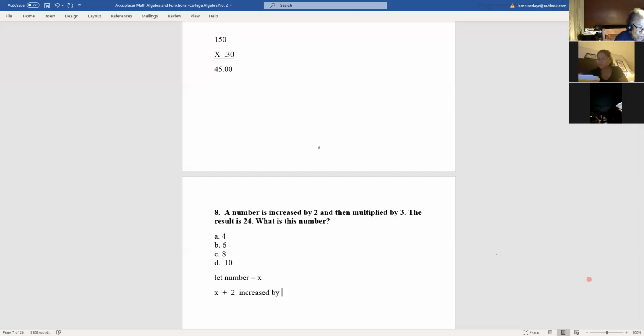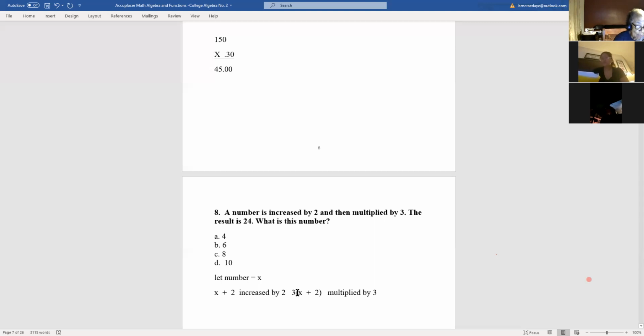Now if I multiply this number by 3, I would have 3 times X plus 2, right? This would be multiplied by 3. And this number is 24.